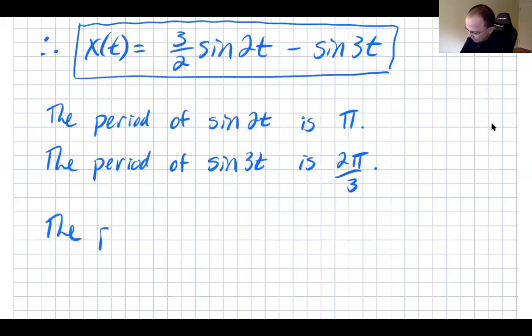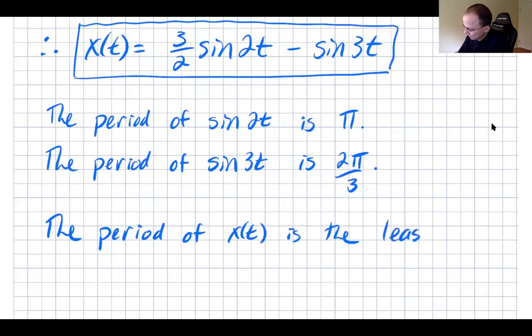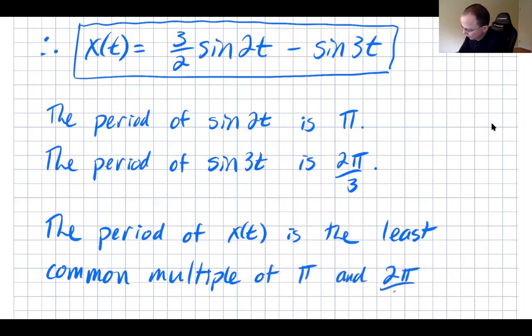The period of x of t is the least common multiple of pi and 2 pi over 3.